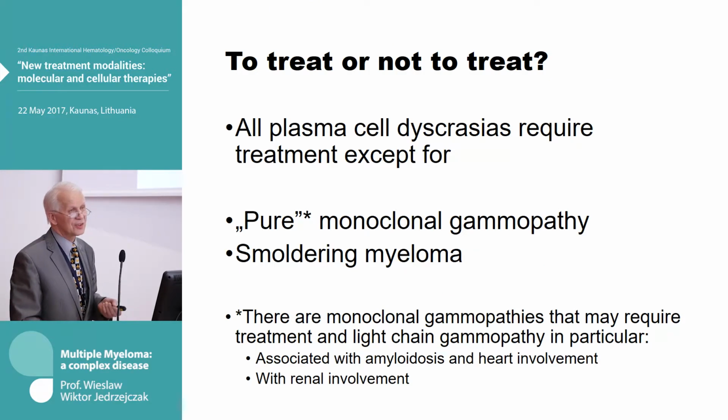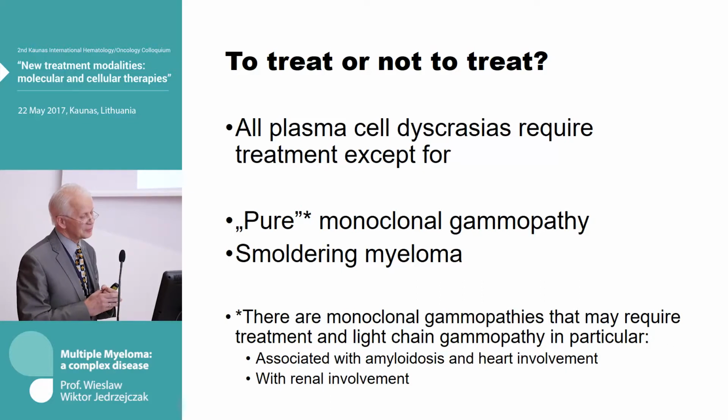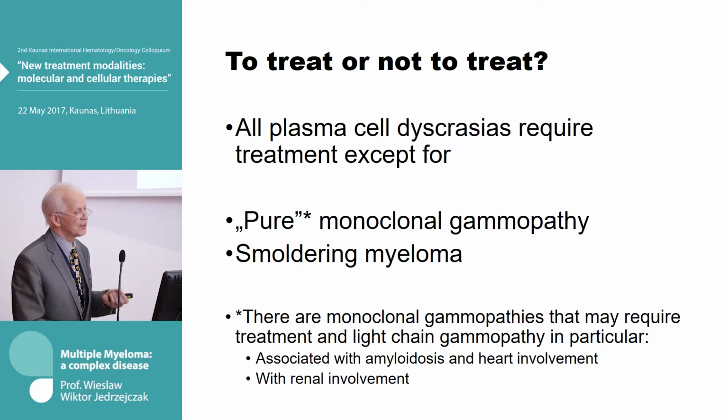The main question in this group of diseases, of course, is to treat or not to treat. Generally, all these types of disorders require treatment, except for so-called pure monoclonal gammopathy and smoldering myeloma. Which monoclonal gammopathies require treatment? Of course, those that are associated with light chain, either with amyloidosis and heart involvement or with renal involvement.